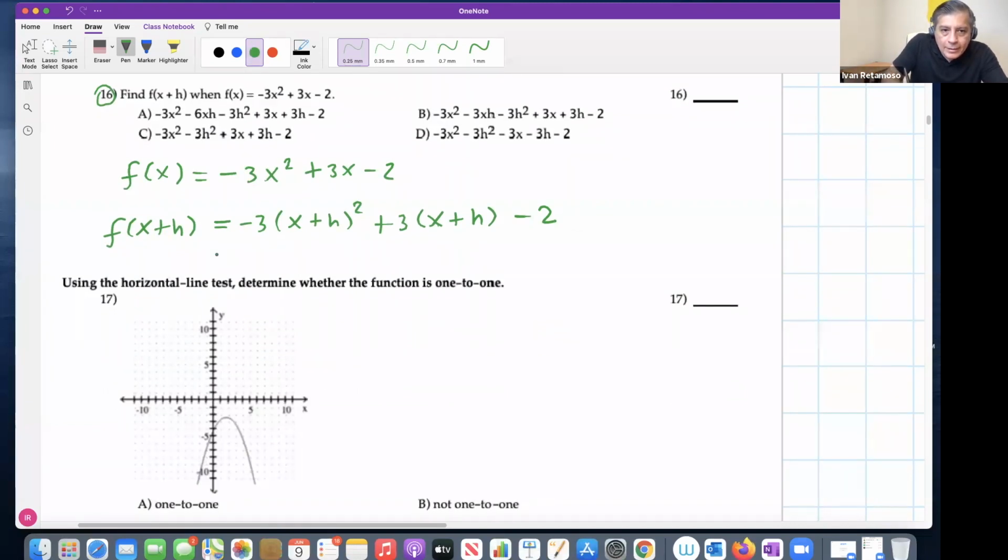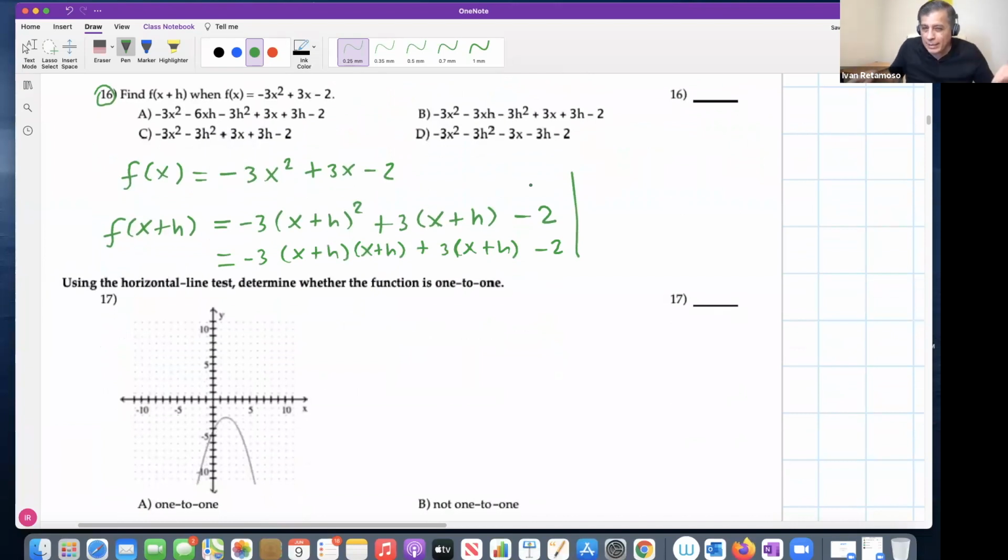And a further hint, right? This must be FOILed out, right? This x plus h squared is x plus h times x plus h, right? Yeah. Figure that out. And this is a -3, tricky, right? But do it carefully and you should be fine.